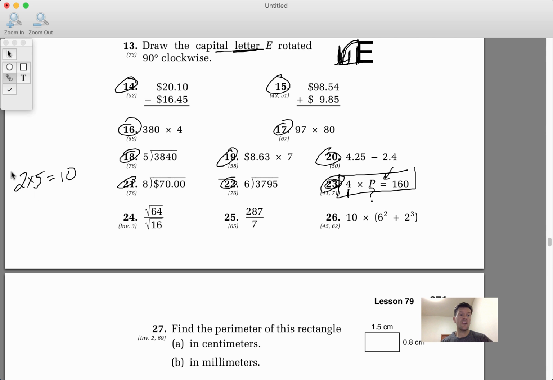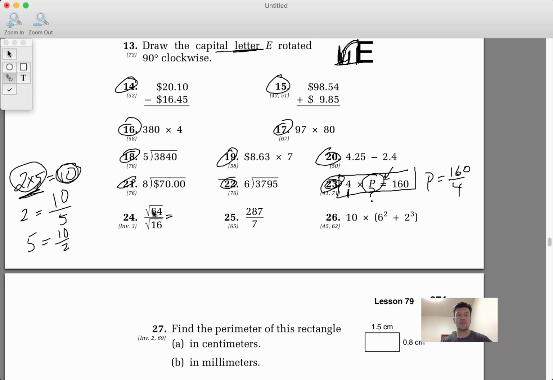Another way to think of that is 10 divided by 5 is equal to 2, or 10 divided by 2 is equal to 5. So if I'm multiplying two numbers together, I know that if I take the product, which is 10, and divide by any of these numbers, 2 or 5, I'll get the other number. So if I take 160 and divide by 4, I will get the unknown number P. Okay?